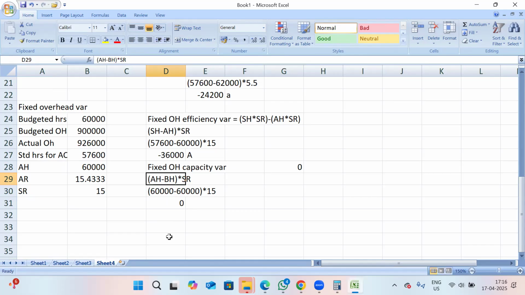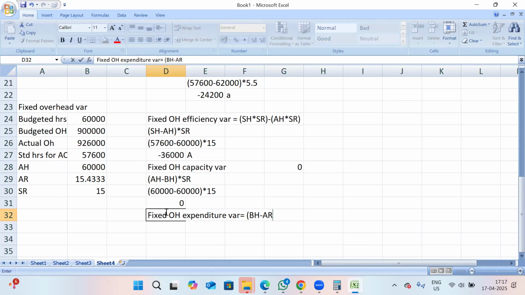Then fixed overhead expenditure variance. Fixed overhead expenditure variance is equal to budgeted hours into standard rate minus actual hours into actual rate.